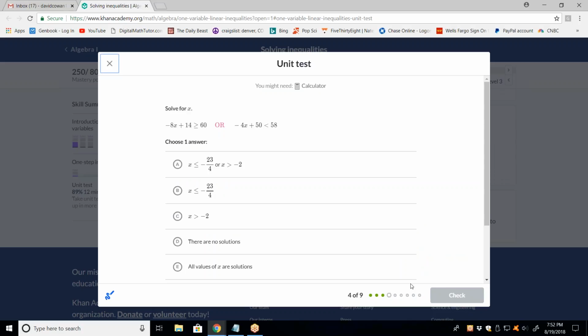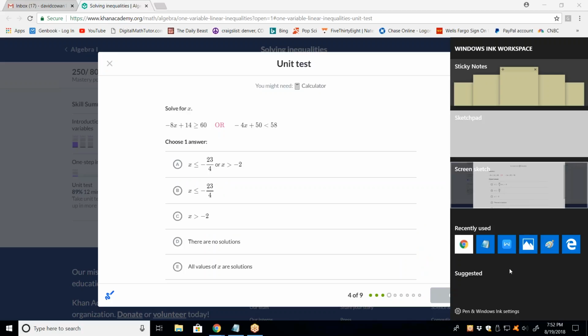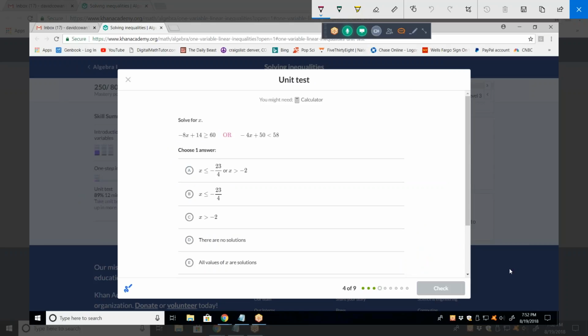Again, here's an or. So whatever solution either of them comes up with, we can use either one. So there almost always is going to be a solution, as opposed to an and, where both of them would have to be true.